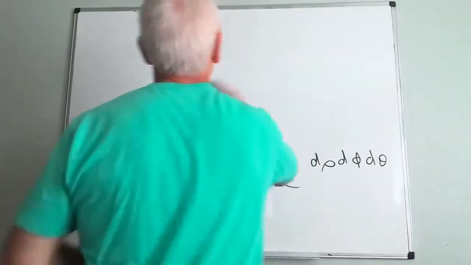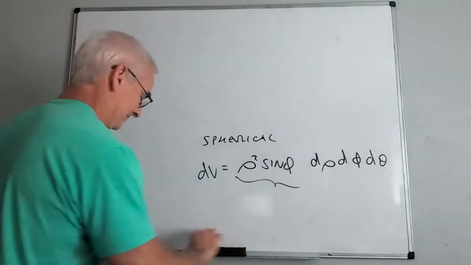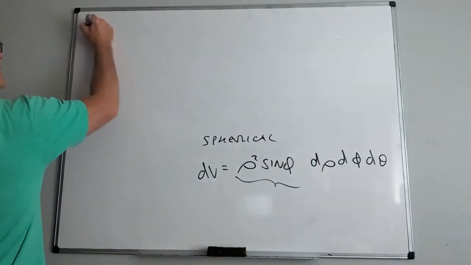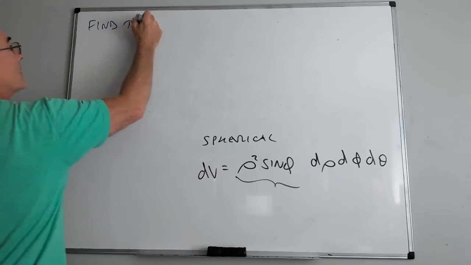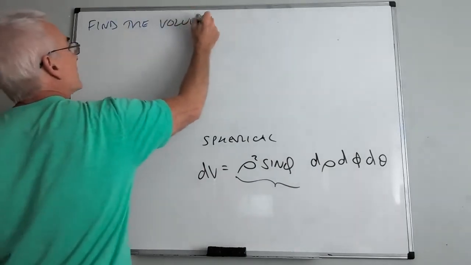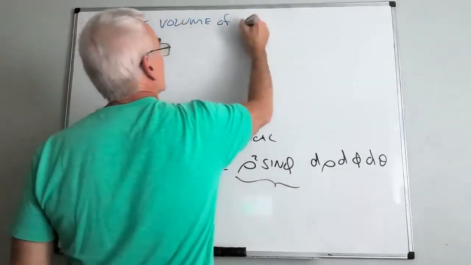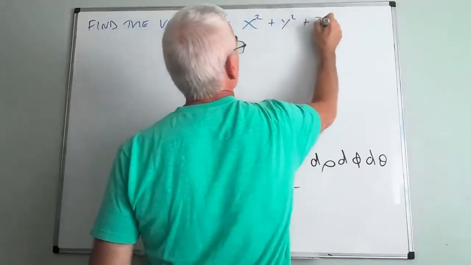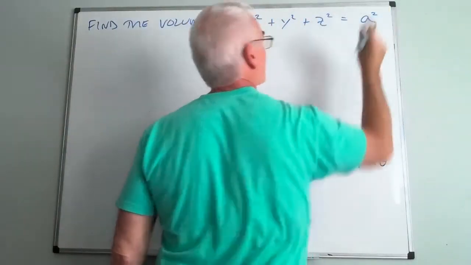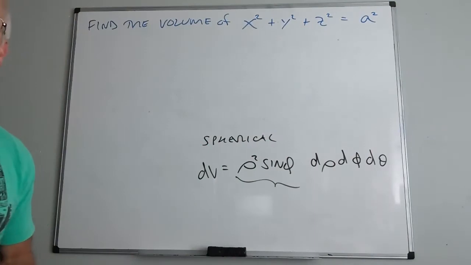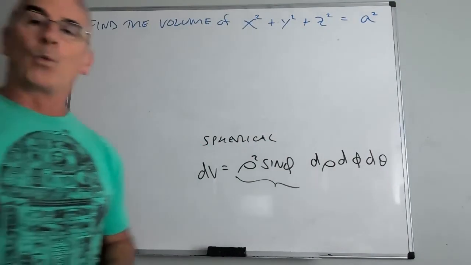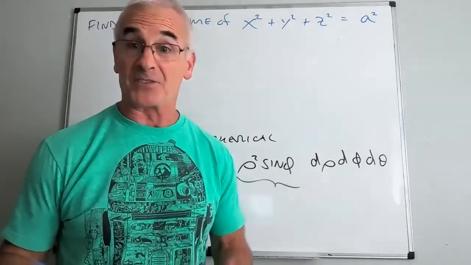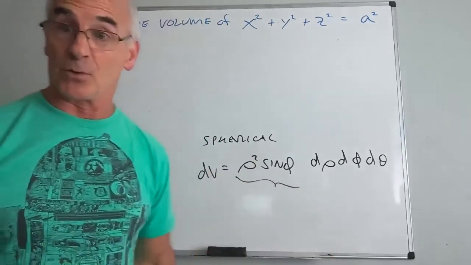Let's find the volume of a sphere. A would be the radius of the sphere. Now, we kind of know what the answer is, but let's actually derive it using spherical coordinates.